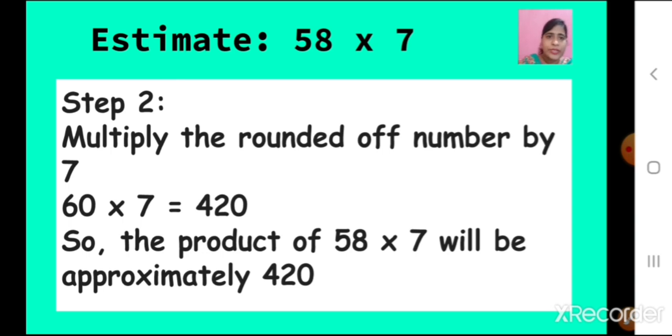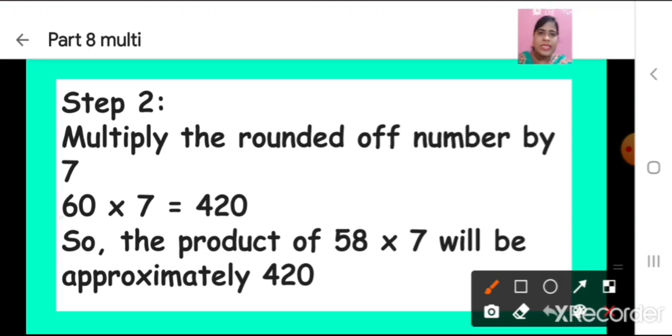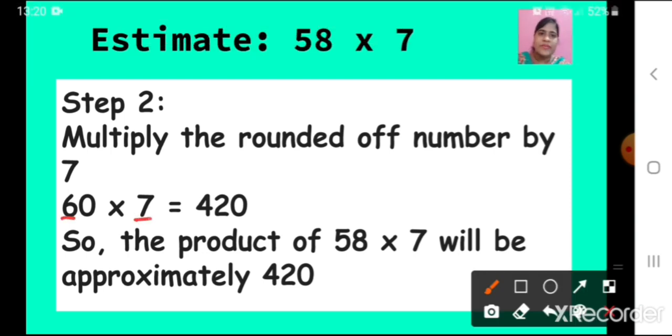How did we get 420? This we have done before, children. It is multiplication by 60. First multiply the numbers. 6 sevens are 42, correct? And there is one 0, so we put 1 zero at the end. So 60 multiplied by 7 is equal to 420.